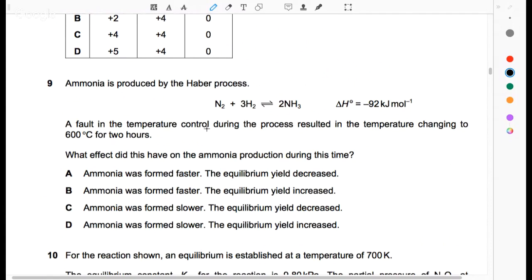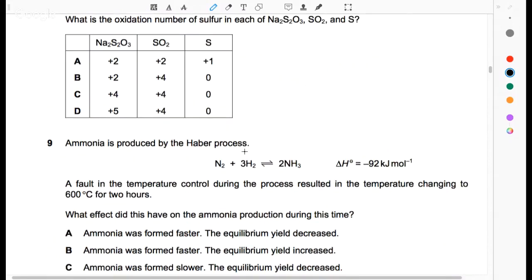So how does the increase in temperature favor the equilibrium? Is it to the left or to the right? To the left, because it's exothermic, so it favors the endothermic reaction, making the yield decrease. But it increases the kinetic energy, so it's formed faster. But yield is decreased.